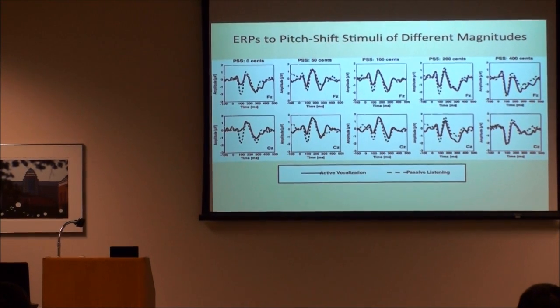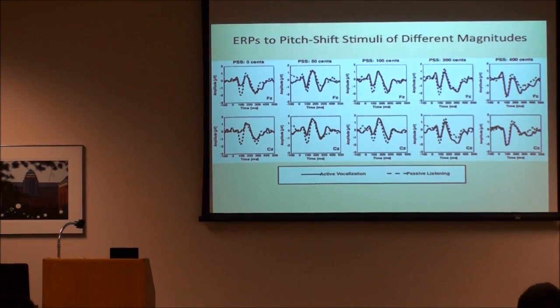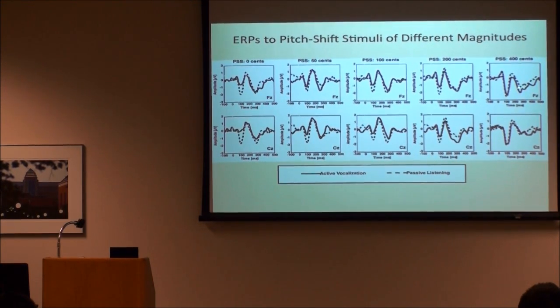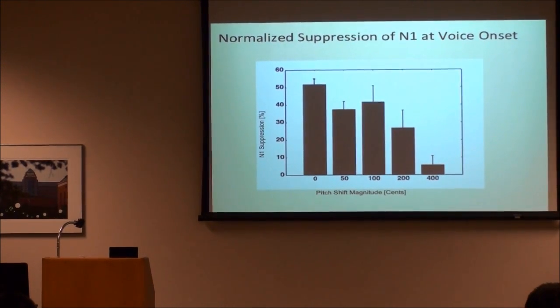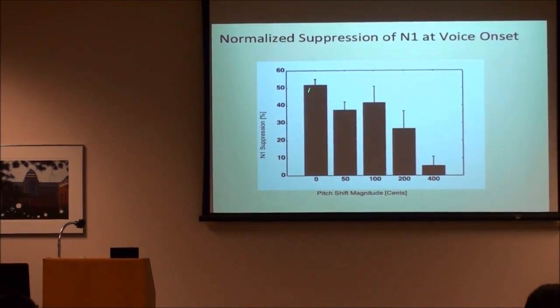Finally, we get out to 400 cents, and we see that the response to vocalization and playback are identical. So this slide illustrates, averaged across all subjects, the relative suppression we see as a function of the pitch shift magnitude at voice onset. And so with zero shifting, there's quite a bit of suppression.